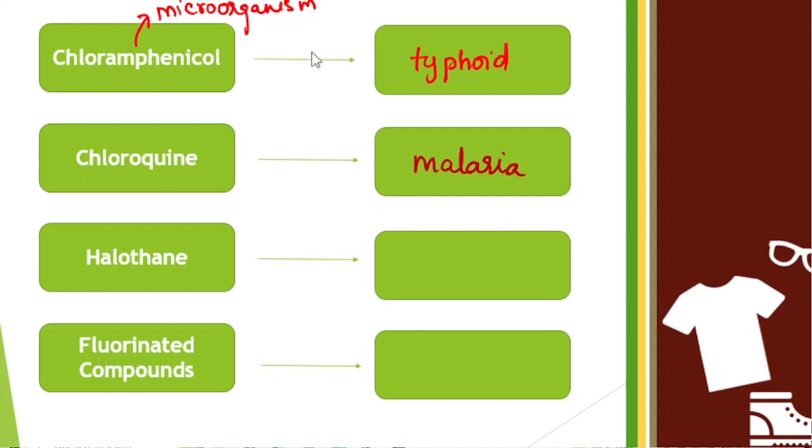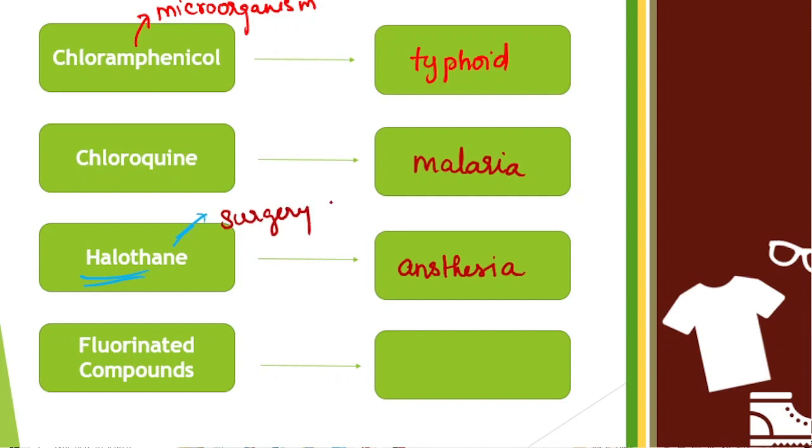Similarly, the next one you have is halothane. In the word itself, you know that it is made up of halogens, right? Halothane is used as an anesthesia during surgery. Clear.